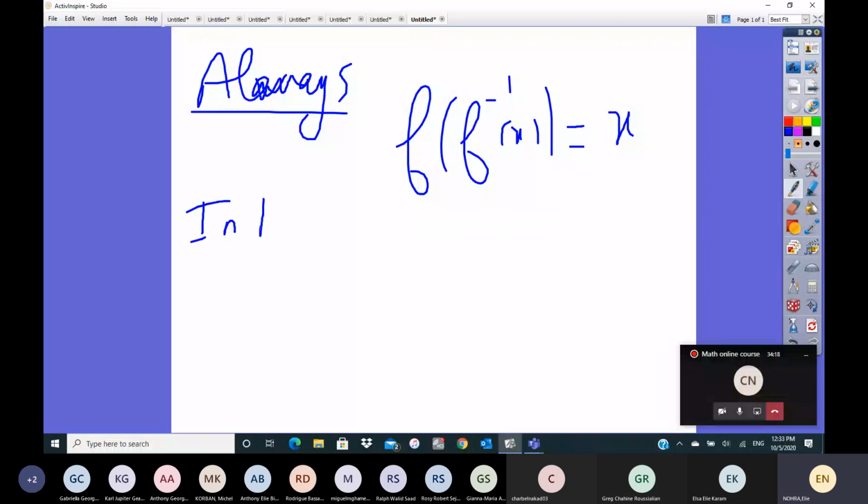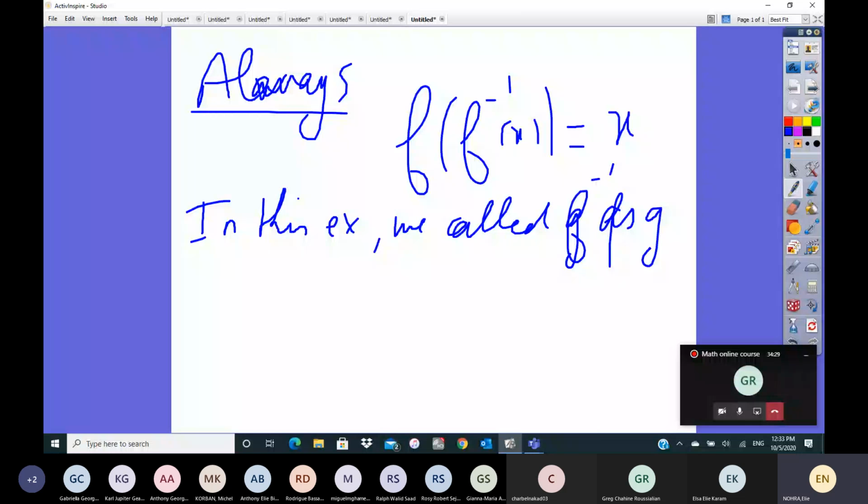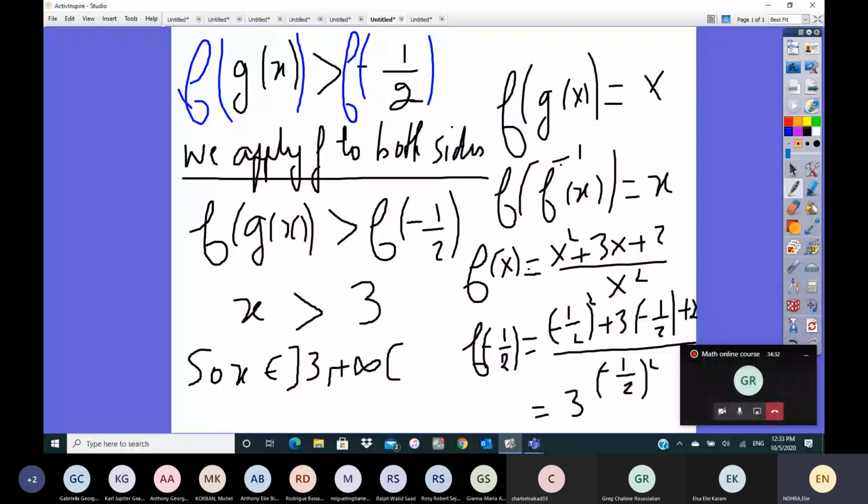In this exercise we called f minus 1 as g, which is why f of g of x is x. Understood? In the course we called it f minus 1, in this exercise we called it g. Where's the problem? It's the same. Did you understand?